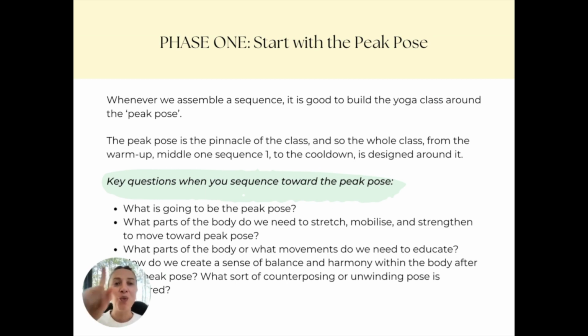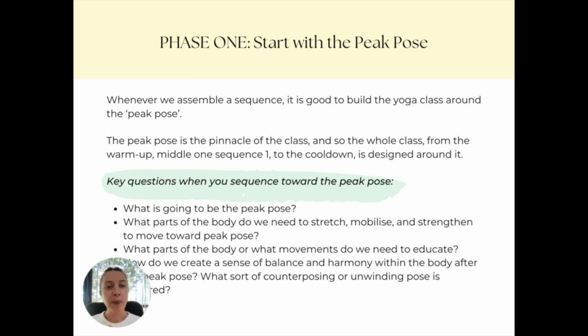Phase number 1, start with the peak pose. Whenever we assemble a sequence, it's good to build the yoga class around the peak pose. The peak pose is the pinnacle of the class, and so the whole class, from the warm-up to cool down, is designed around it. The key questions when you sequence toward the peak pose are mainly four. The first one: what is going to be the peak pose?